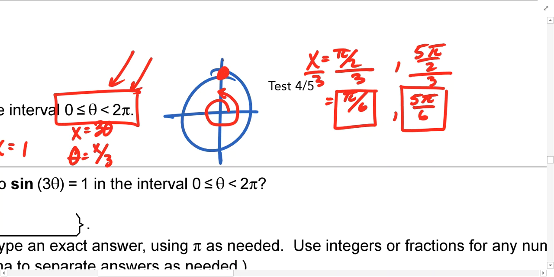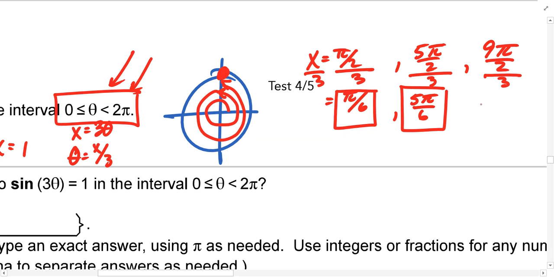A second answer came from an additional trip around the unit circle. So our third answer is going to come from another trip around the unit circle. So we're not talking about angle measure pi over 2 or 5 pi over 2, but we're talking about the next angle measure after another rotation. And this would be an additional 4 pi over 2 on top, which makes this 9 pi over 2.